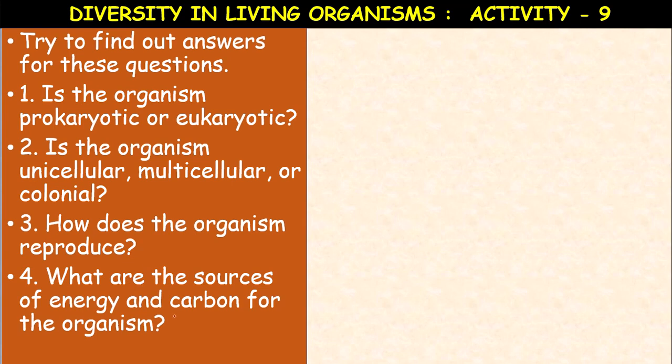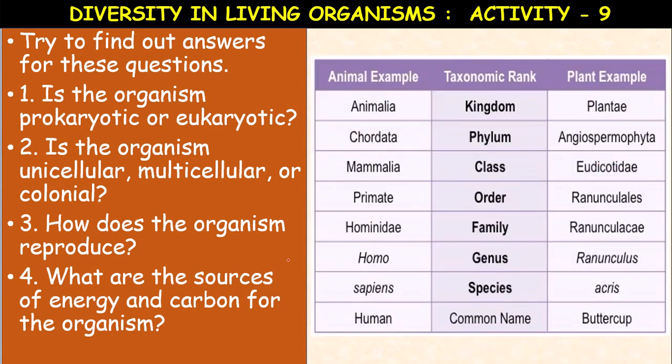Then what are the sources of energy and carbon for the organism? It has holozoic nutrition. It feeds on particulate food materials. Like that, for any organism, you have to consider these 4 characteristic features. If you take at least 10 organisms, you have to classify them.